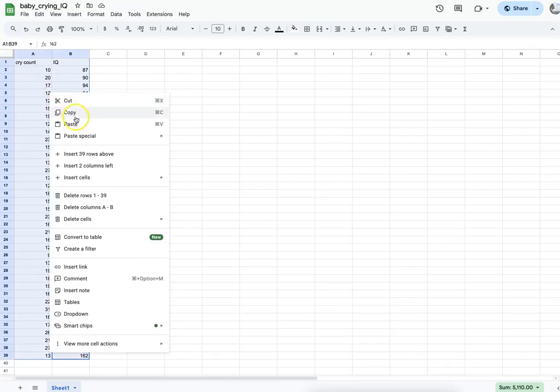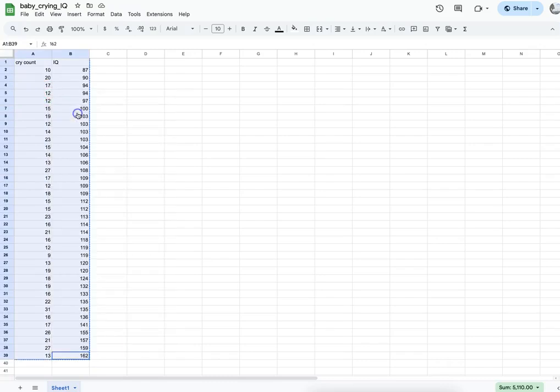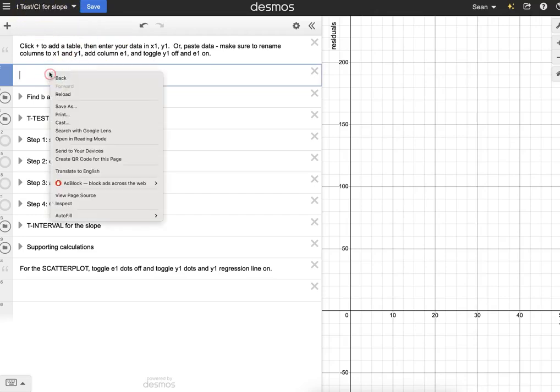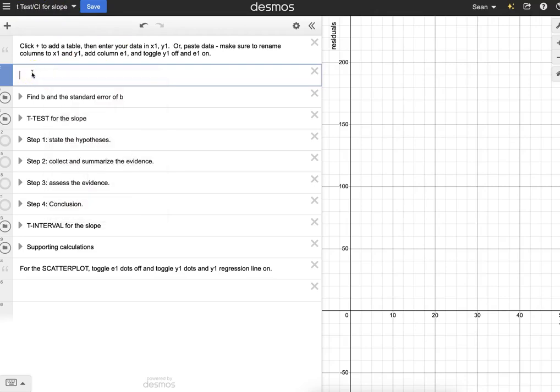Simply copy the 2 columns, including the headers, cry count and IQ, and make sure that the explanatory variable is on the left. In this case, the explanatory variable, cry count, is already in the left column. So we copy and we open Desmos calculator, t-test for the slope, and paste the 2 columns.